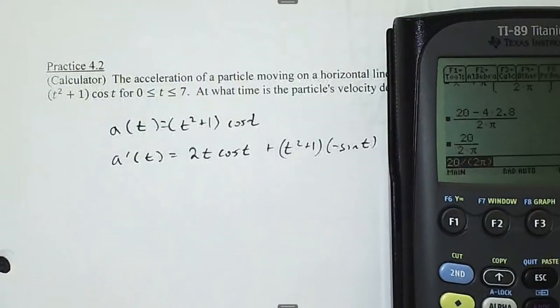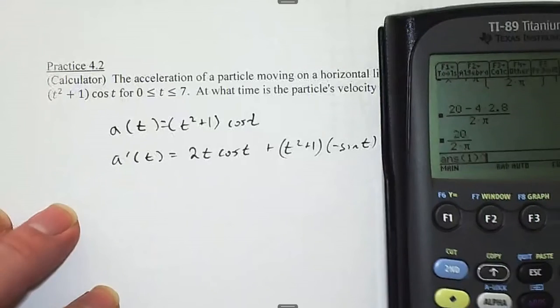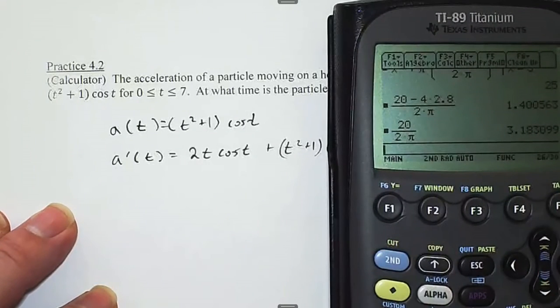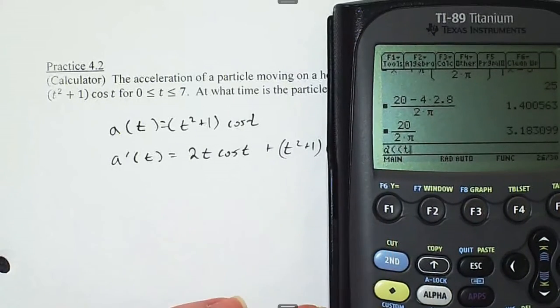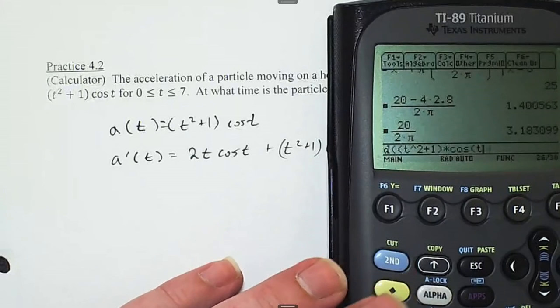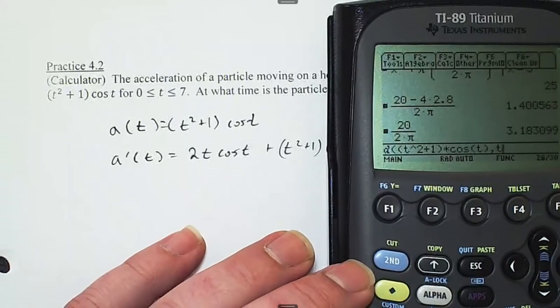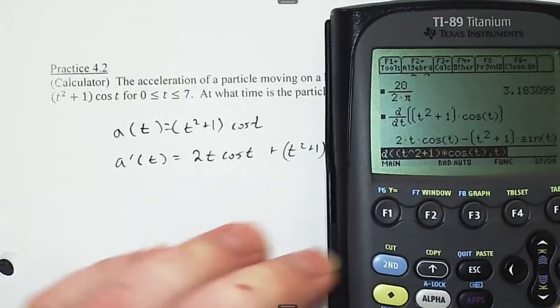But if you're using the derivative to solve for when the derivative does something, show them the derivative, even if you just typed in your calculator and told it to find the derivative. Let's review how to do that. Second, 8. Type it in. T squared plus 1 times cosine of t with respect to t. And there it is. And that's pretty much exactly what we have. Okay.